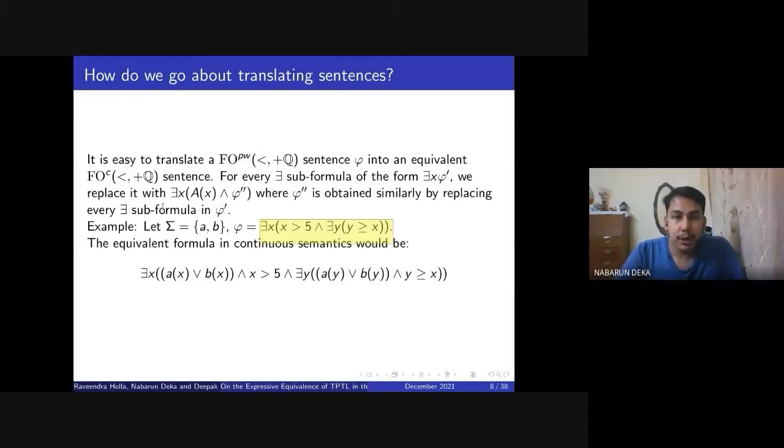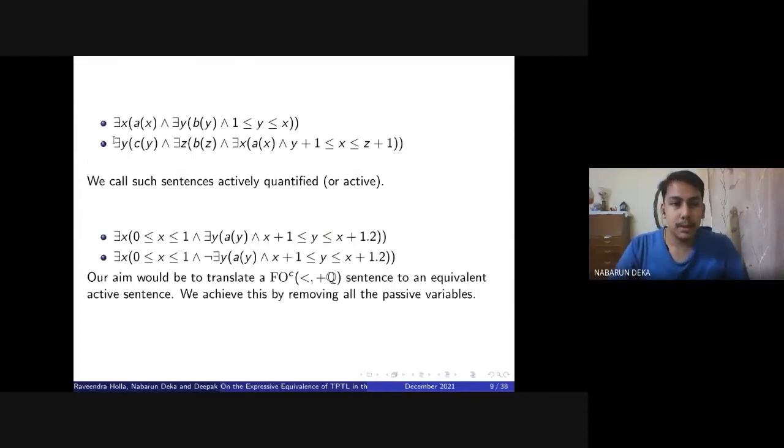Now we go to the non-trivial direction. That is, given a sentence interpreted in the continuous semantics, how do we translate it to an equivalent sentence when interpreted in pointwise semantics? For this, we'll first look at how we would do it for some simple examples. So consider this sentence, which says there is an x such that it's an action A, and there is a y which is an action B, and y is between 1 and x.